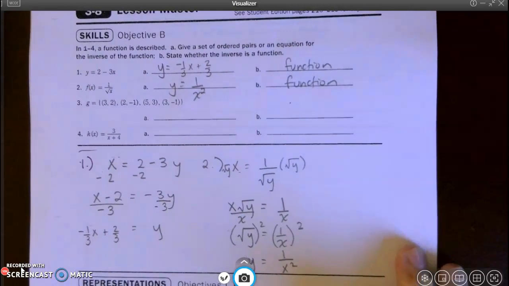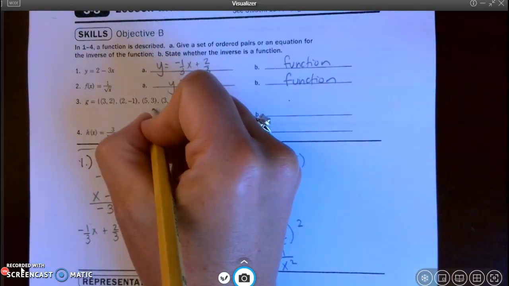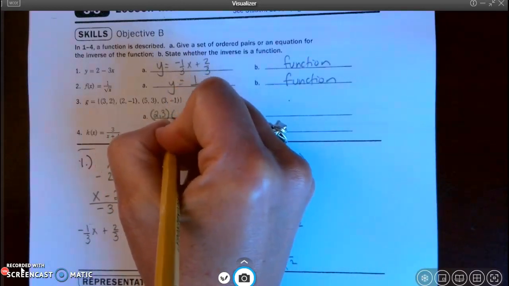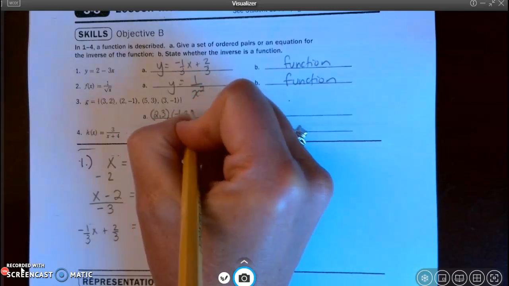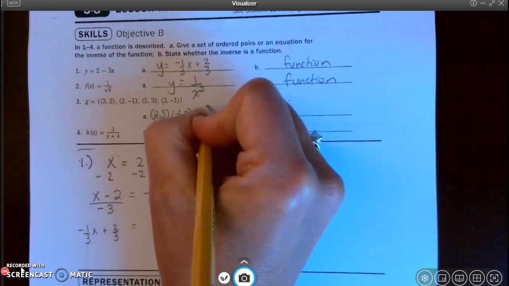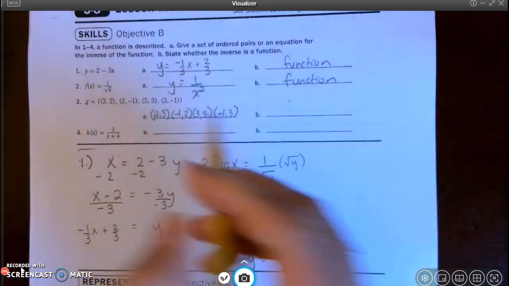For number 3, I just have ordered pairs, so I'm going to list my new ordered pairs. I'd have (2, 3), and I'd have (-1, 2), I'd have (3, 5), and I'd have (-1, 3).